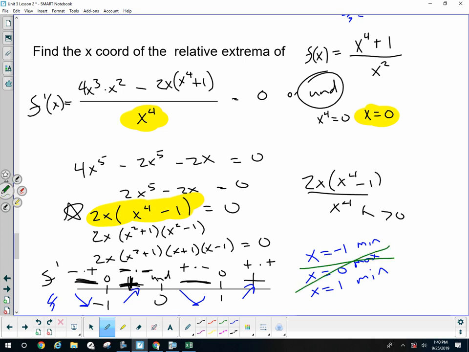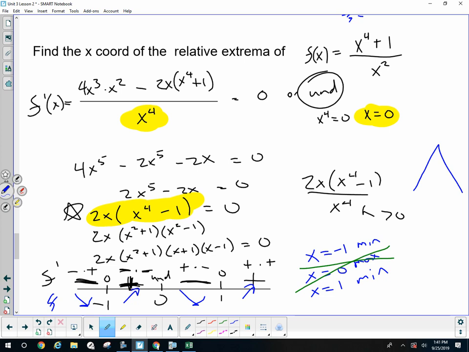This is not true. And it's not because it's undefined, because you could have situations with sharp points, and we will see them, where a sharp point is a max. I don't have a sharp point at 0, which is why I don't have a max.